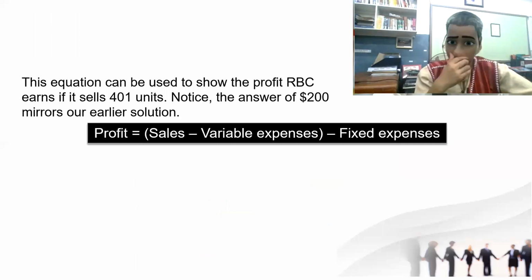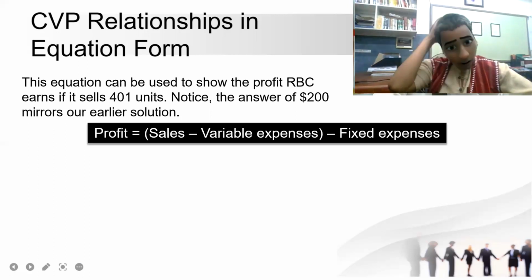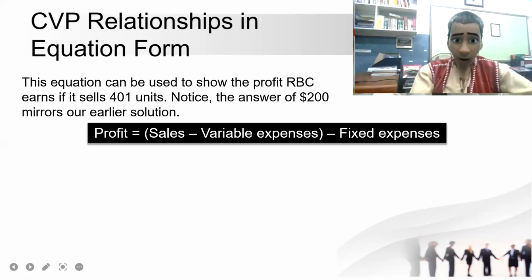What do we mean by CVP? CVP means cost, volume, profit. This equation can be used to show the profit the racing bicycle company earns if it sells 401 units. Notice the answer is 200.